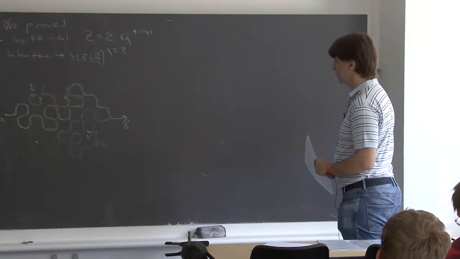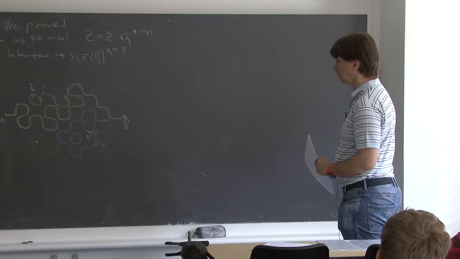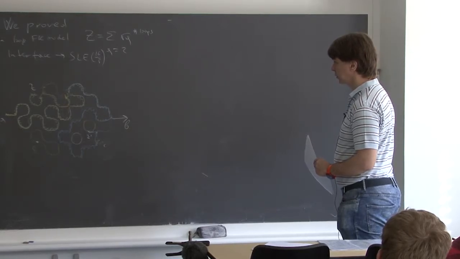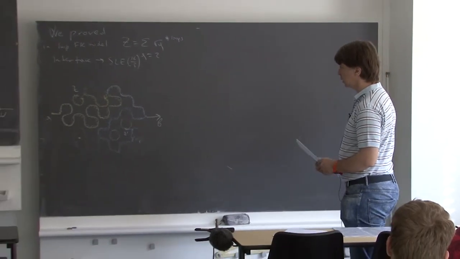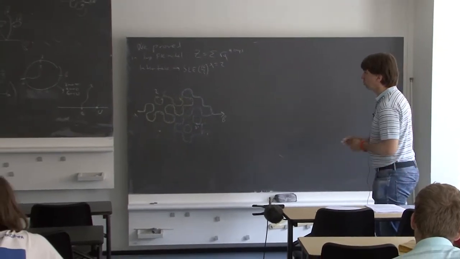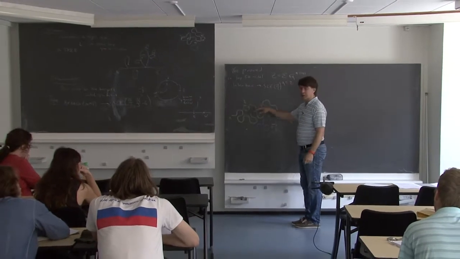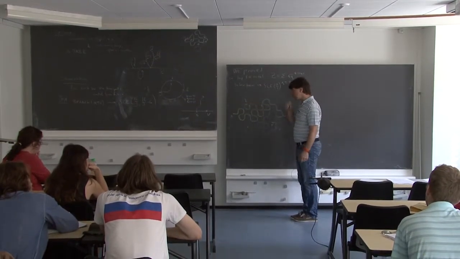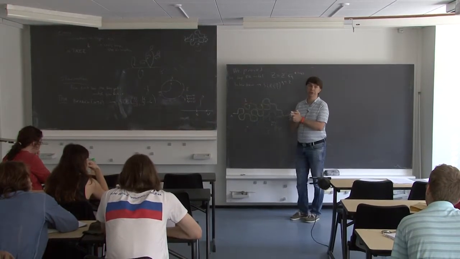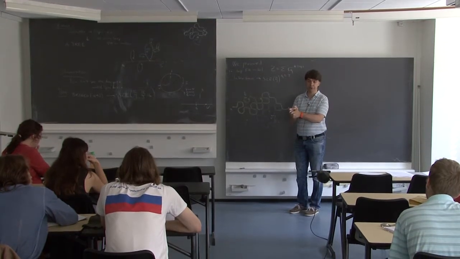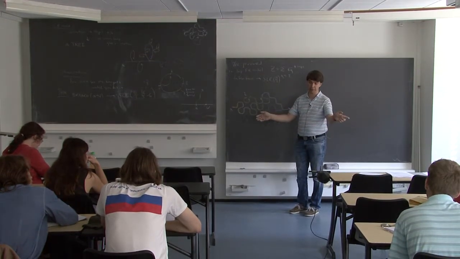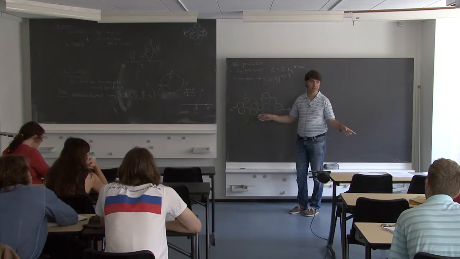So what did I do so far? I defined this branching tree, and I explained that two branches coincide until the time they go into different domains, and then they are completely independent.